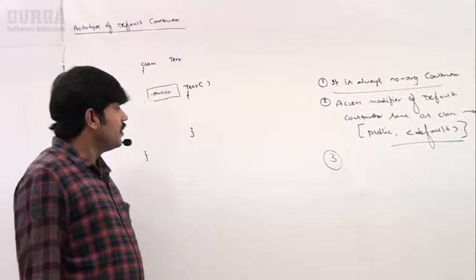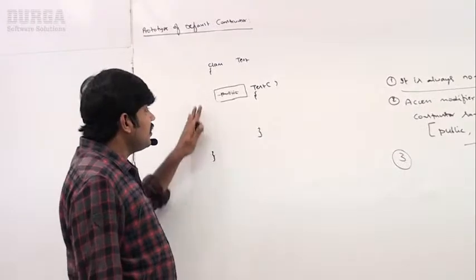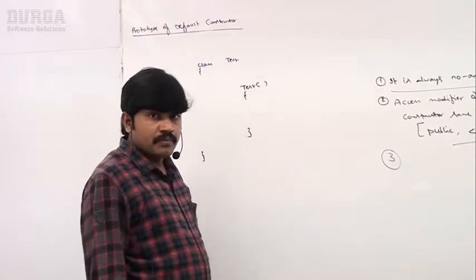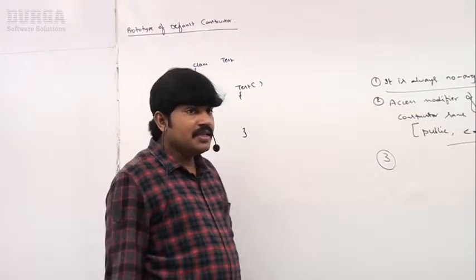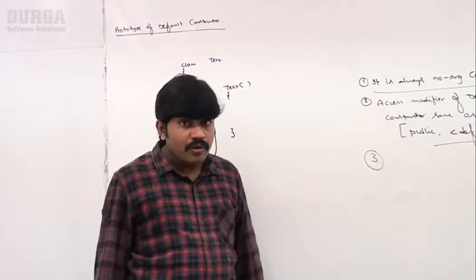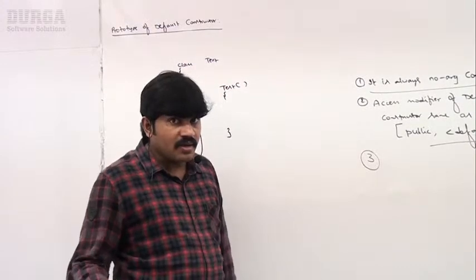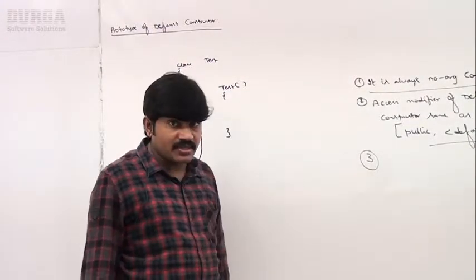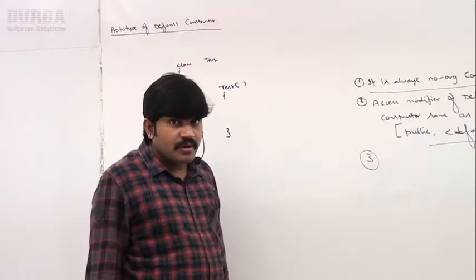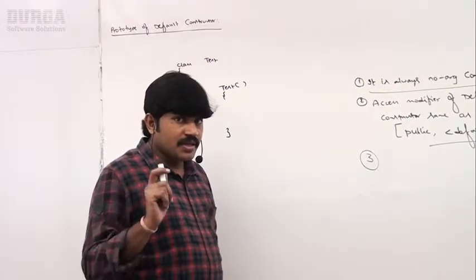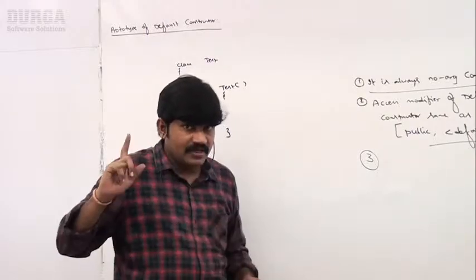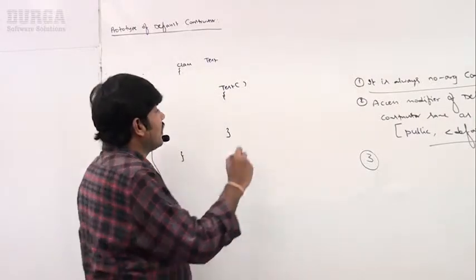Now the third rule. Can you please tell, does the default constructor contain any code? Yes or no? Very important. Remember that the default constructor contains only one line. What is that line?